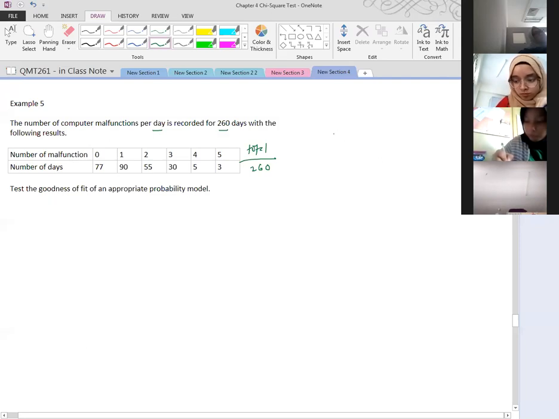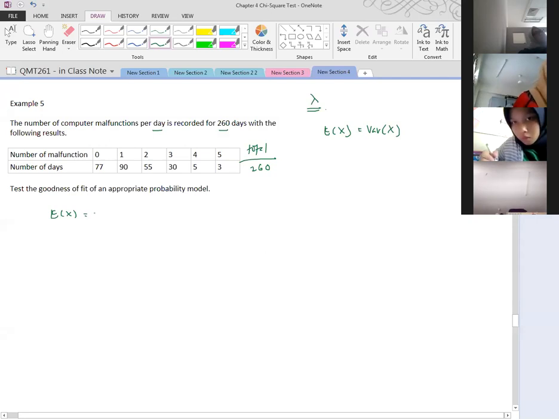We can prove it if the mean, the expected value of x, is equal to the variance of x. You remember, the mean and the variance for a Poisson distribution are the same, right? So now we need to prove it first.